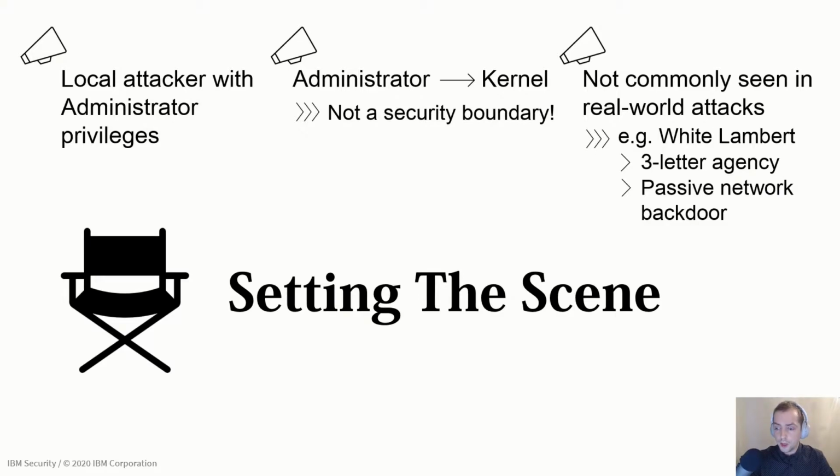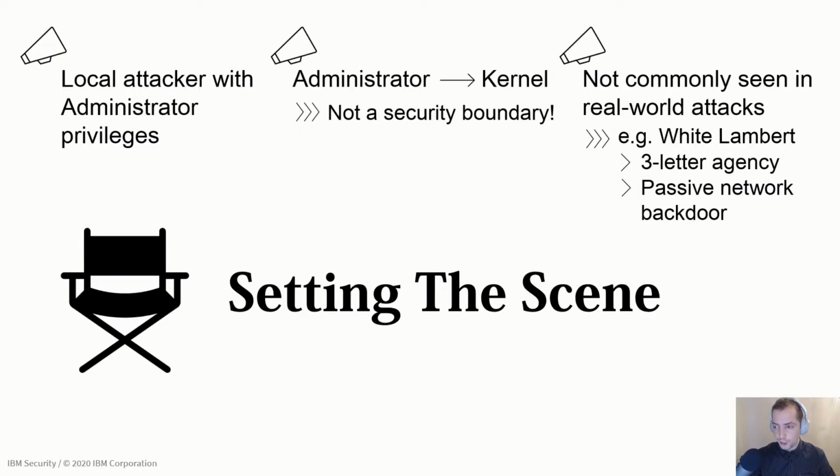Finally, when we discuss AquaWrench or tools like AquaWrench and look for real-world examples, what we find is that they are not very common. One example that I give here is White Lambert, which is part of the Lambert family of malware, right? You have Black Lambert, White Lambert, Pink Lambert, whatever, all the colors essentially. This is attributed to a three-letter agency.